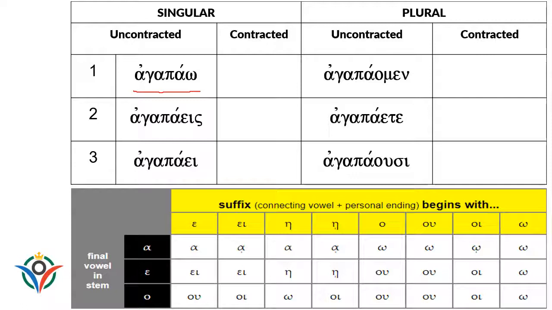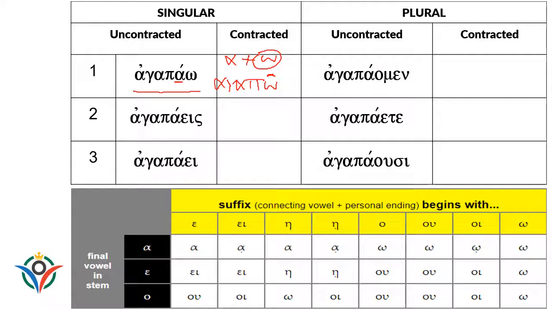Well, here we have the contract vowel, the alpha. All right, so the alpha is contracting with the verb ending vowel, which is the omega. All right, so according to our rules, the omega is going to prevail in its longest form. So our contracted form of agapao is going to be agapo, and we use the circumflex to show that the contraction has taken place.